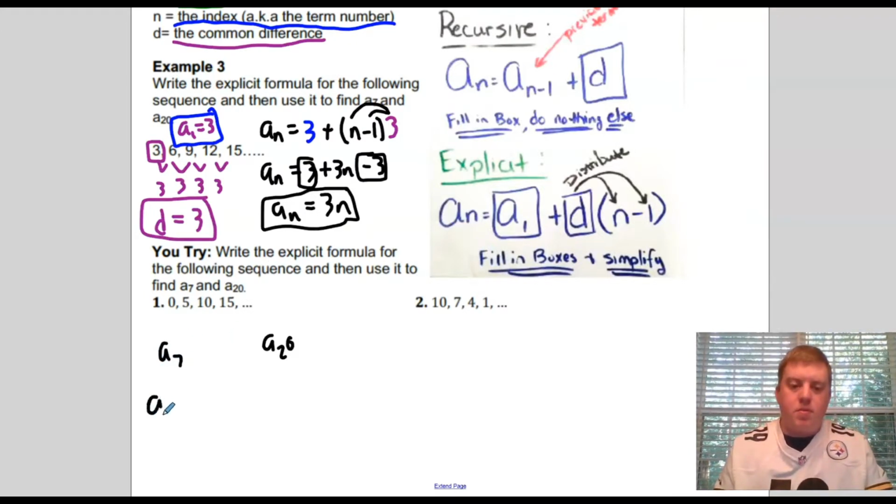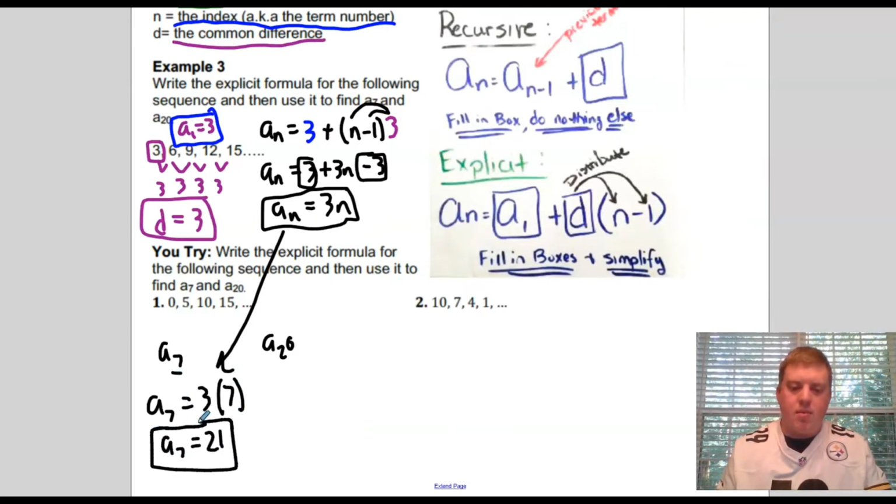With the explicit formula, all I have to do is to plug in the number of the term that we're looking for, n for n. So a sub 7, I'm going to write out my explicit formula, 3n, but instead of the n, I'm going to put the term number I'm looking for, which in this case was 7. So then I just have to simplify, and a sub 7 would equal 21. I was able to figure that out without having to go back through any of the previous terms.